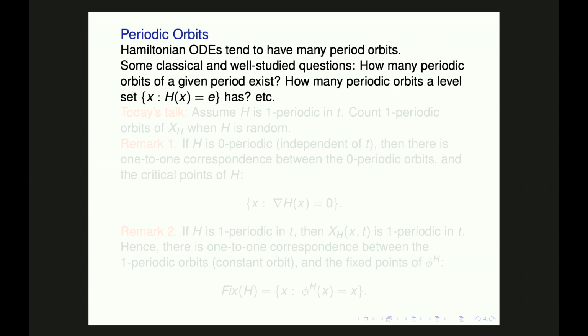Do we have periodic orbits? What is the period? And for example, if the energy is independent of time, the energy is conserved under the flow. So you want to look at one of the level sets of the energy, and you're wondering how many periodic orbits exist on a given level set. So these are questions that are of interest.